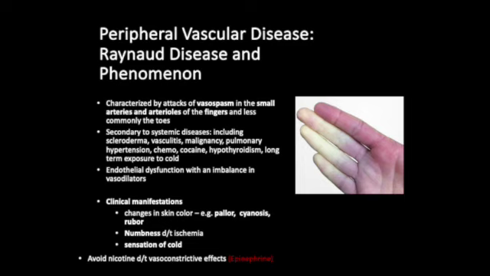And when Raynaud's phenomenon is associated specifically with malignancy, you may have to consider surgical removal of the tumor to resolve the ischemia and not just chemotherapy. It's important with Raynaud's disease and phenomenon that you avoid nicotine because it has a vasoconstrictive effect. Okay, so this is why our patients that are smokers are more likely to have Raynaud's as well.